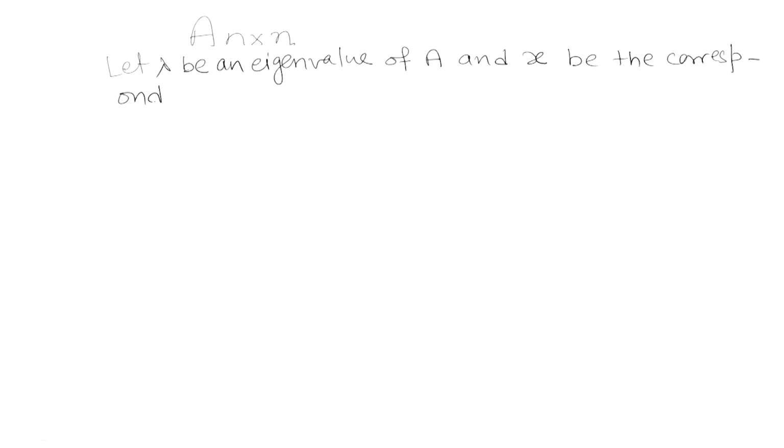So let us take an eigenvalue lambda of A and x the corresponding eigenvector. So here lambda is the eigenvalue and the corresponding eigenvector is x. It means A into x equals lambda into x.